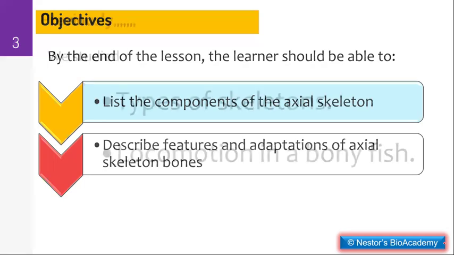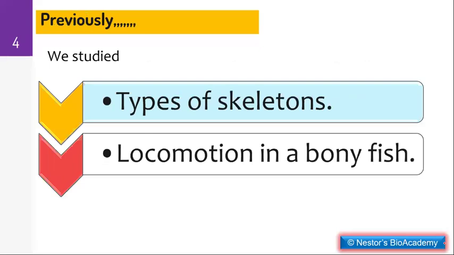Remember, in the previous video, we looked at the various types of skeletons in which we learned of three main types: the exoskeleton, the endoskeleton, and the hydrostatic skeleton. We described the importance of these skeletons, and we described the limitations of each and every one of them.